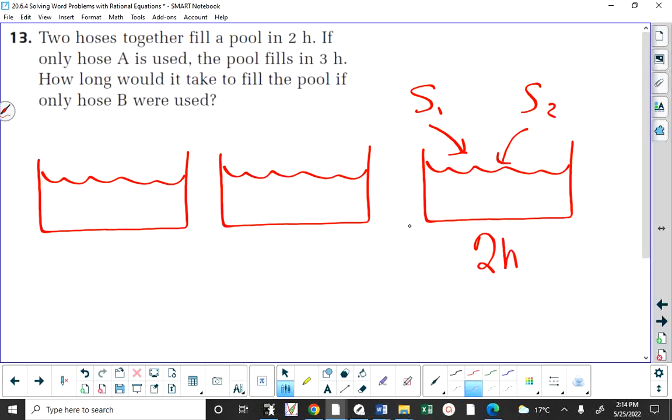Okay, that's if they both work together. If you only have source 1 working alone, and I'm just using 1 for A, 2 for B, it's 3 hours. What if we used only source 2?